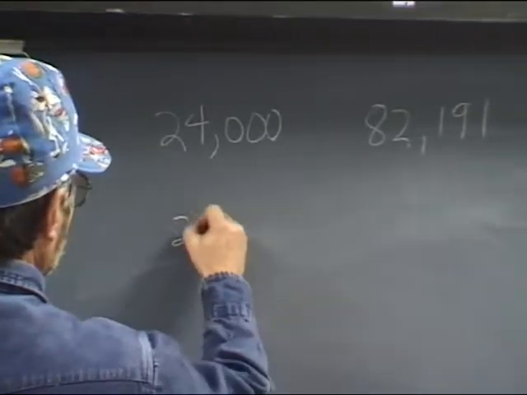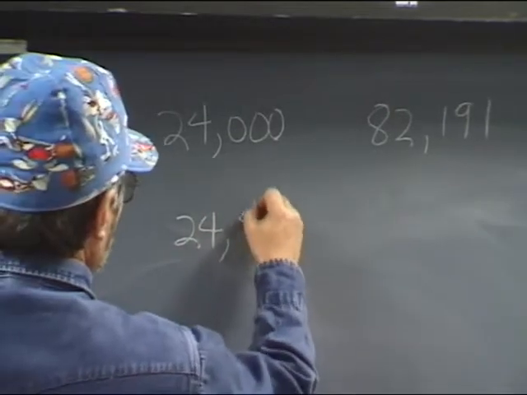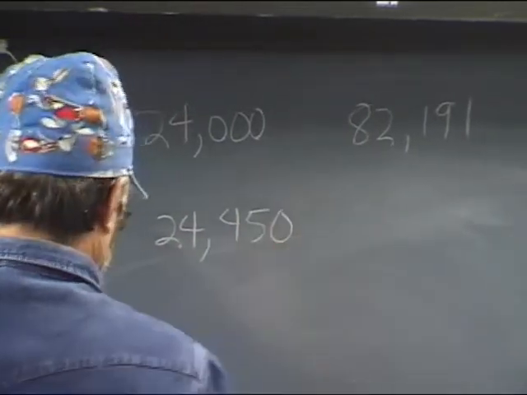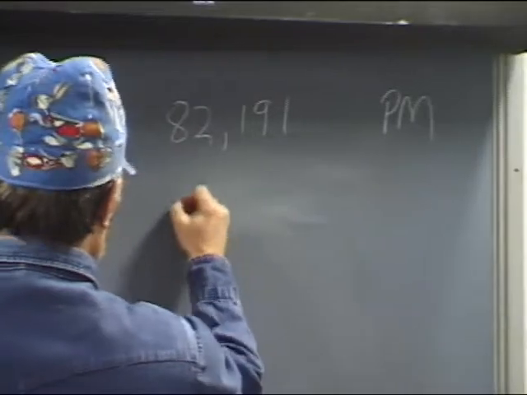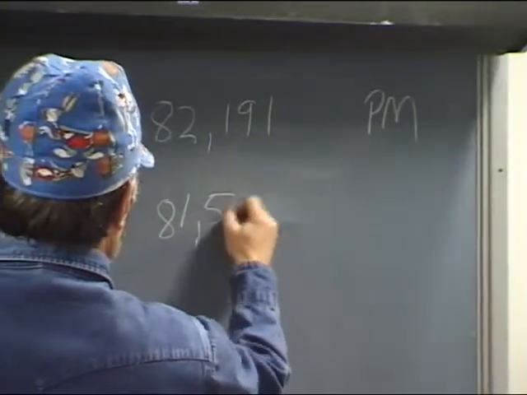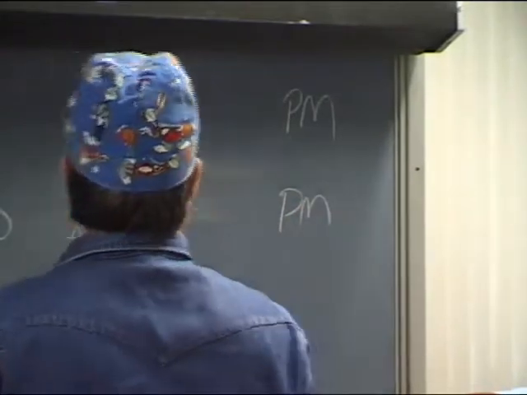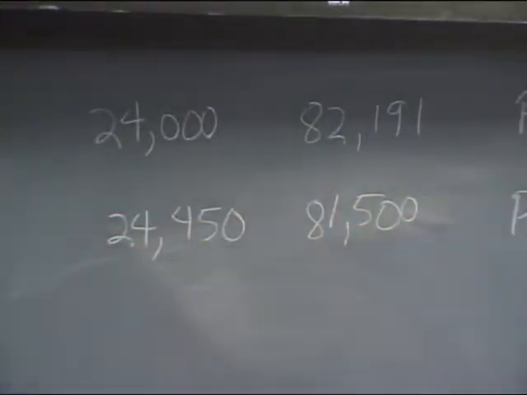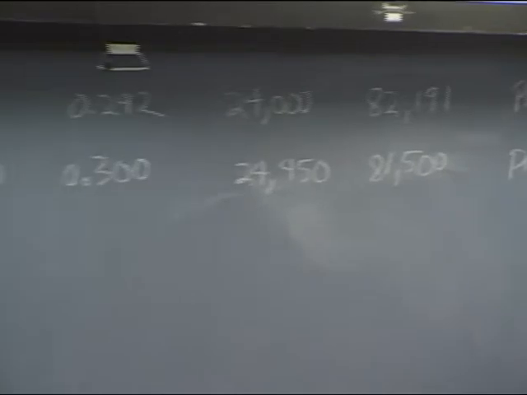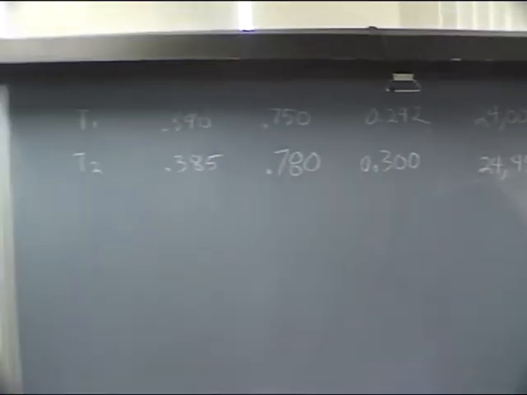It broke at 24,450. The ultimate stress was 81,500. And it was, again, a parent metal break. So there you go. That's the kind of information that will be recorded under the tensile strength.